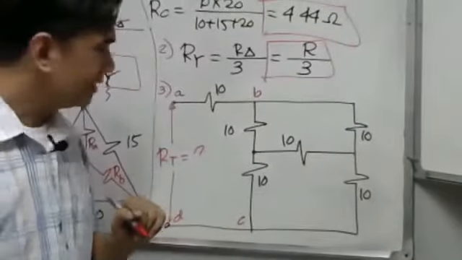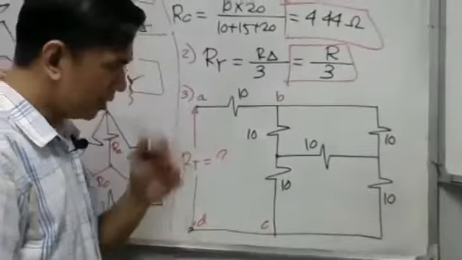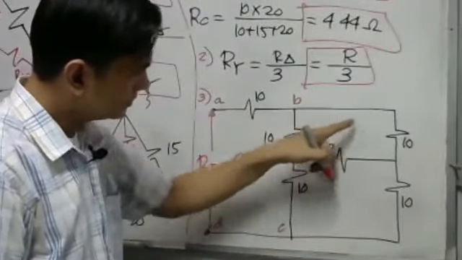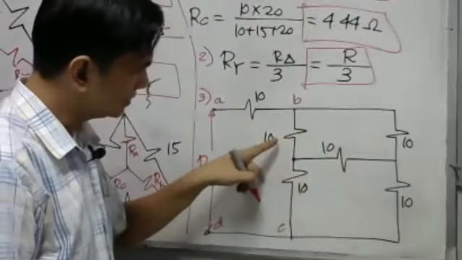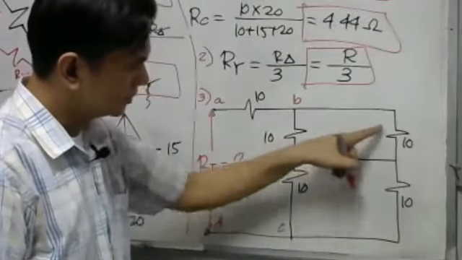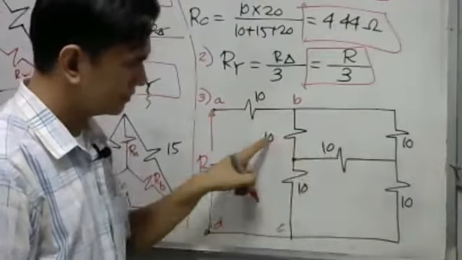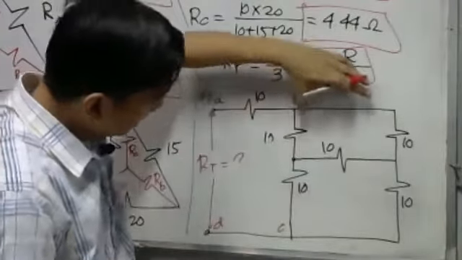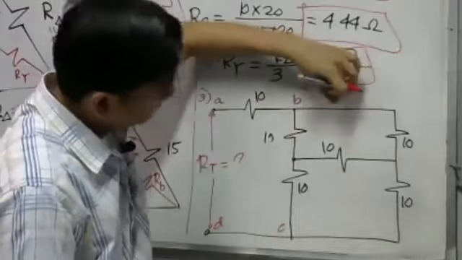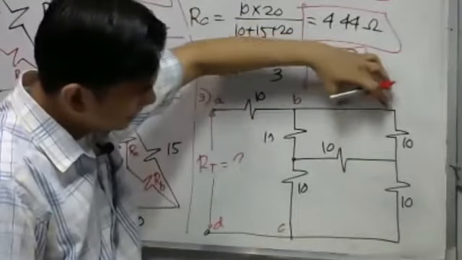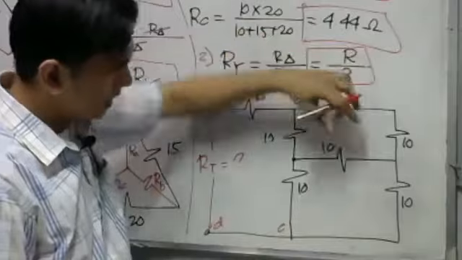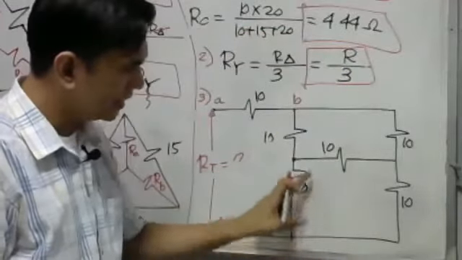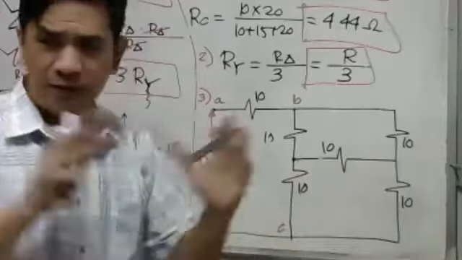Another option is we can convert this. What is the connection of these three resistors? They are connected in delta, because this is just a line, so we can consider it just one point. Also this portion, the 3 10s here. There are so many ways to solve this problem.